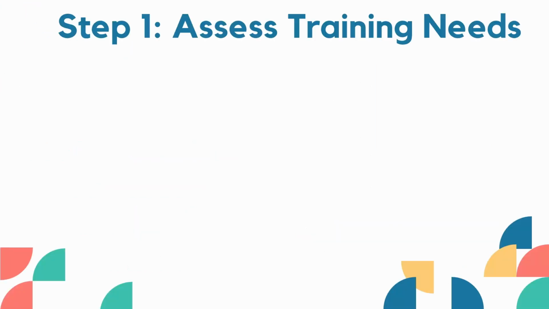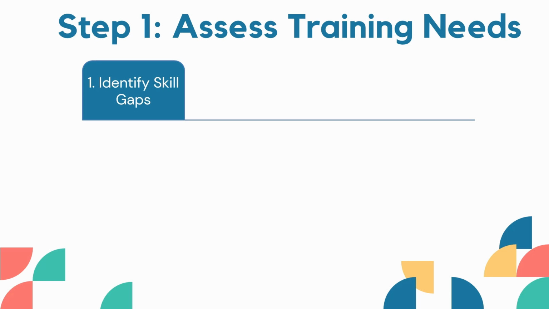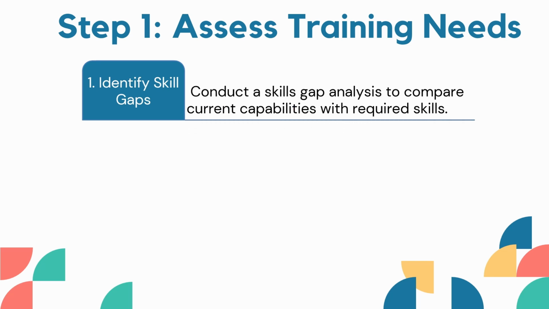The first step in creating an effective training budget is to assess your training needs. Start by identifying skill gaps within your organization. Conduct a skills gap analysis to compare the current capabilities of your employees with the skills required to meet your organizational goals.